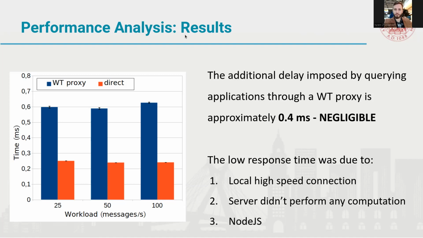Of course, the system presents a very low response time because the web service didn't do any computation at all, just replied. Usually it would query a database or do some sort of computation. All the machines were connected through a high-speed local connection, and all the servers were implemented in Node.js, and Nginx is good at network input and output operations. So the performance is going to be good as well.